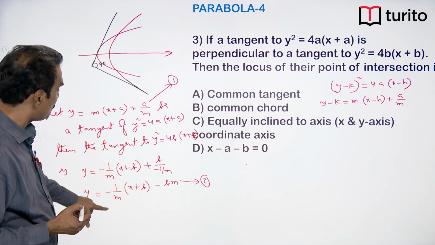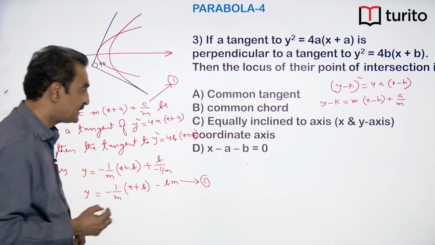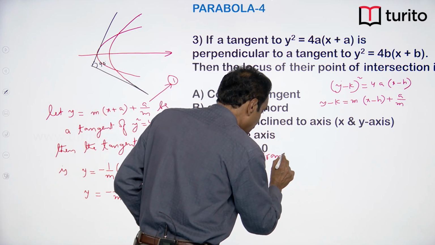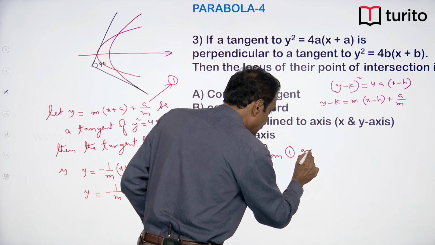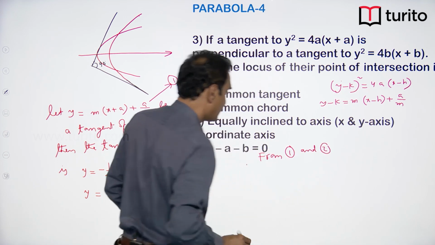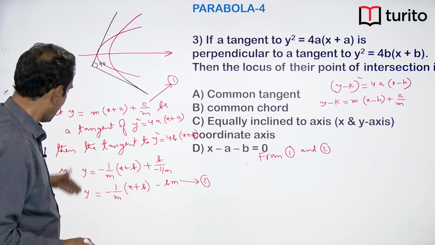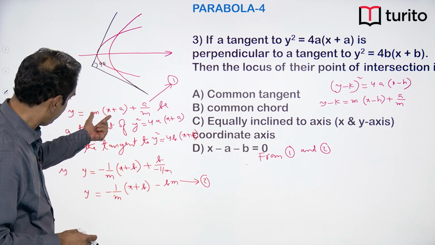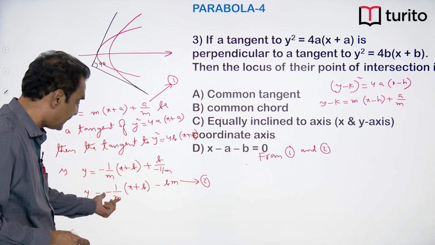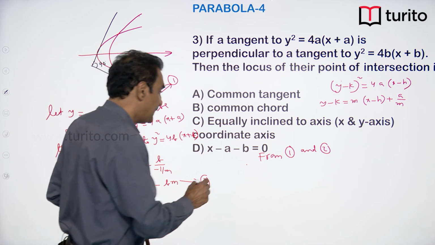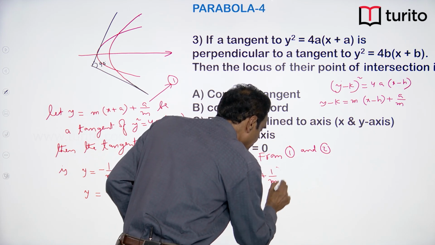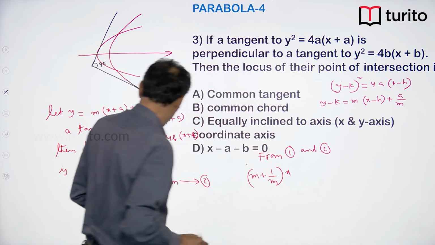If you subtract one from the other, y cancels, so one side will be 0, and the other side will be mx minus of minus 1 by m into x, which is (m plus 1 by m) into x.